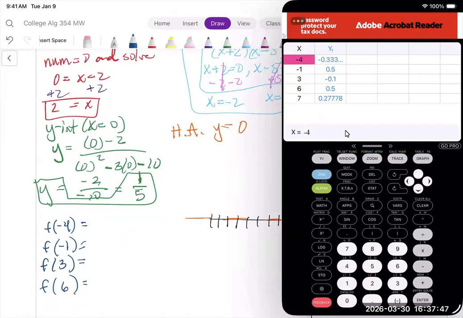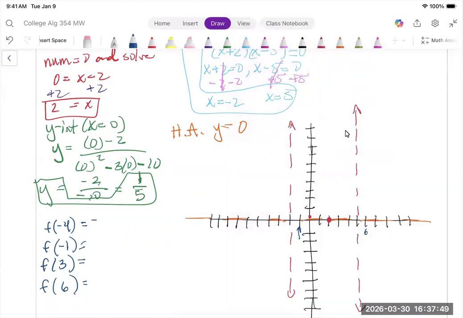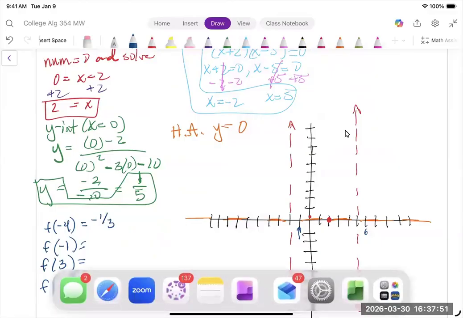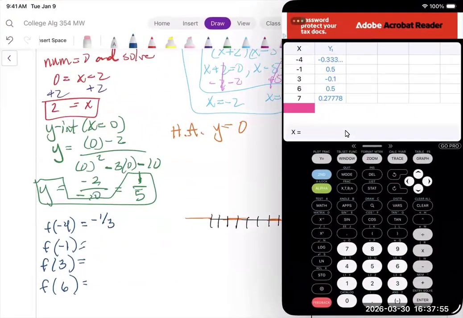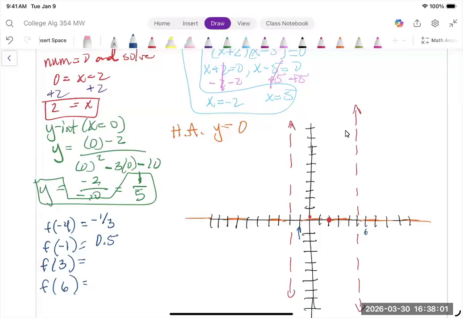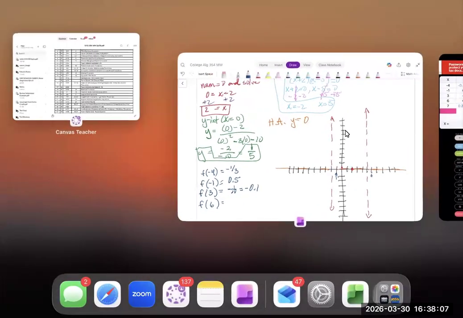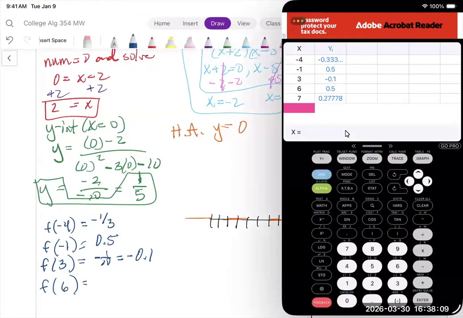So -4 is -1/3. Then -1 is 0.5, 3 is -0.1 or a tenth, and 6 is positive 0.5.